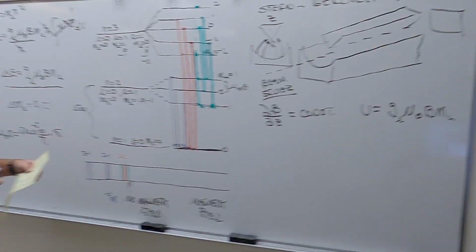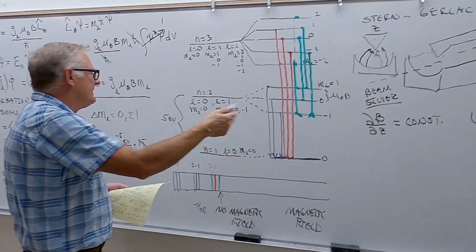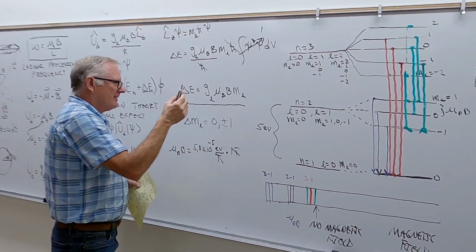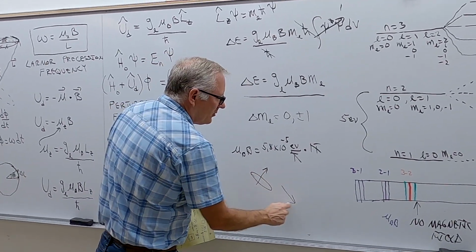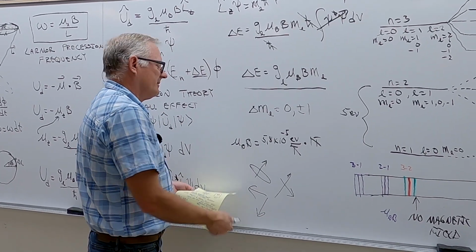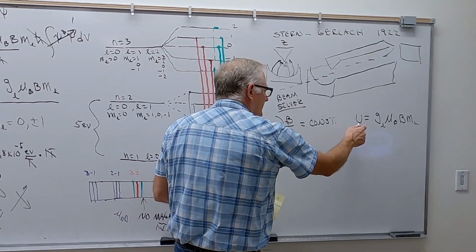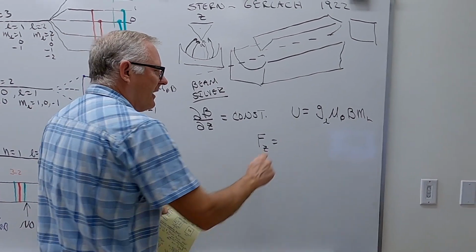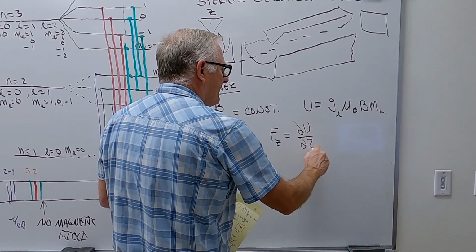And now, first of all, classically, what would you expect if you were to throw a beam down and these atoms acted classically? Remember, we have these different mu's. All the mu's would be pointing in different directions right here. Why? There's no special direction. And the force in the z, at least the magnitude of the force, is defined as the derivative of U with respect to z.